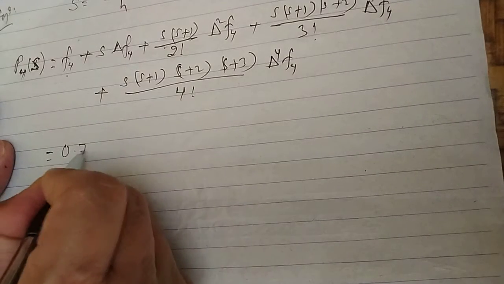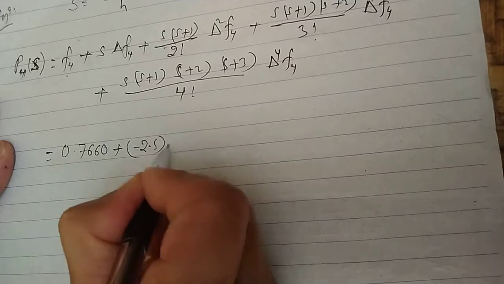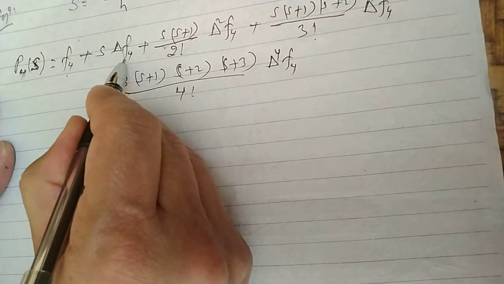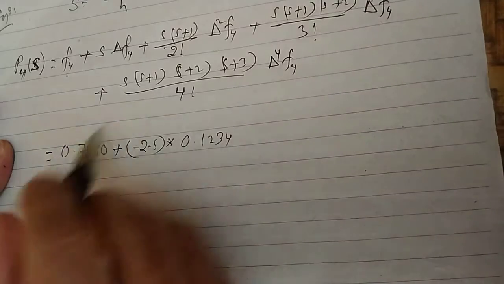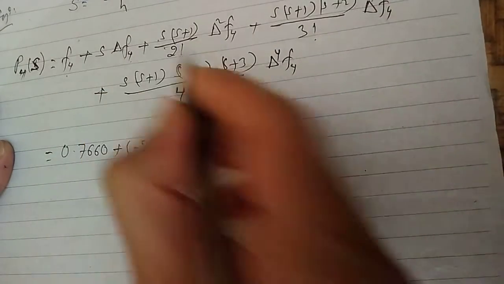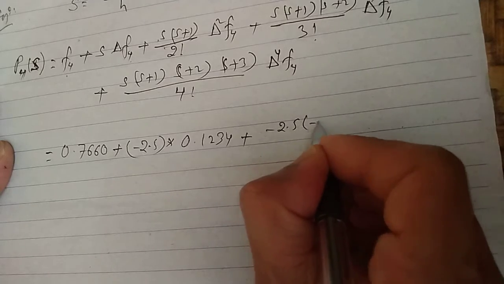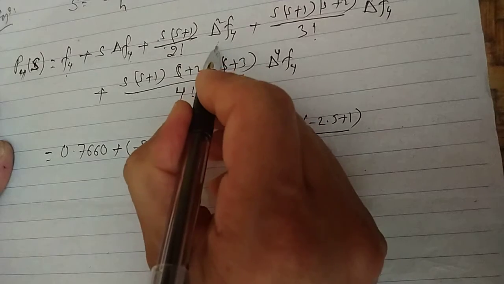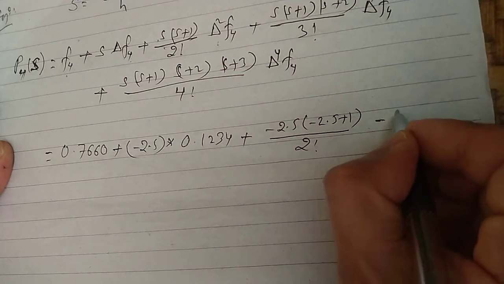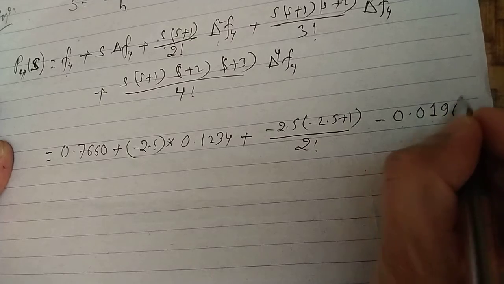So 0.7660 plus minus 2.5 into delta F4, which is 0.1234, plus minus 2.5 plus 1 whole upon factorial 2 times this value, minus 0.0196.